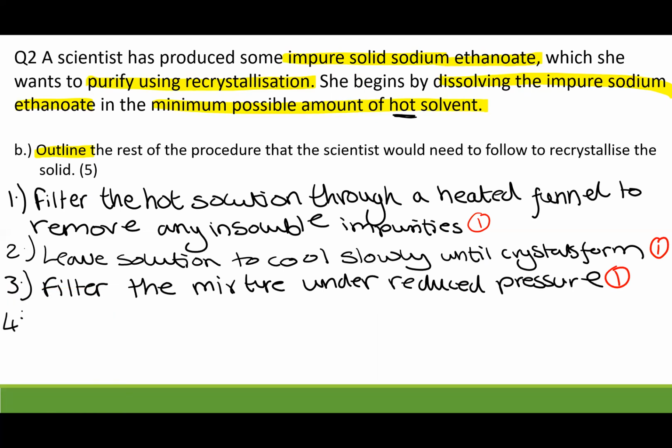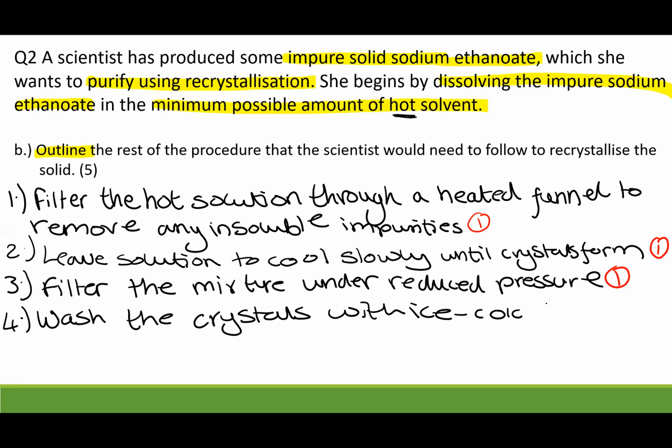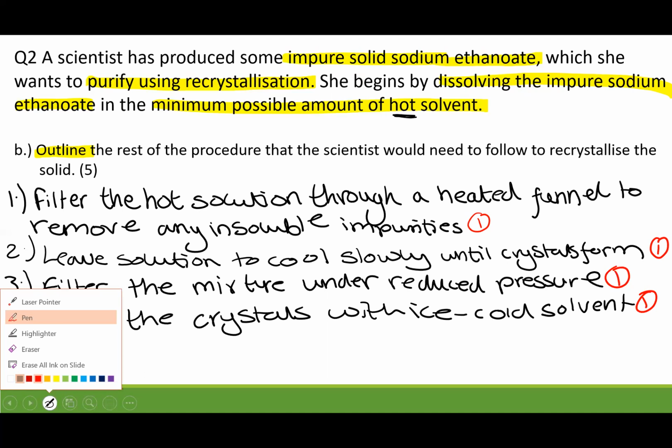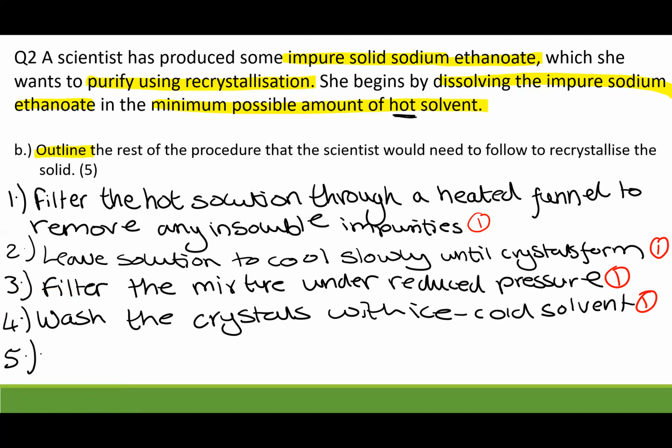Then we're going to wash those crystals with ice cold solvent, and it's important you include ice cold. And then the final stage is to leave the crystals to dry.